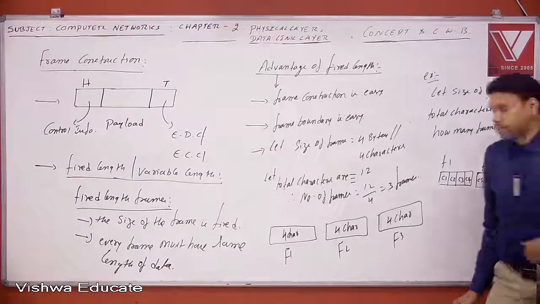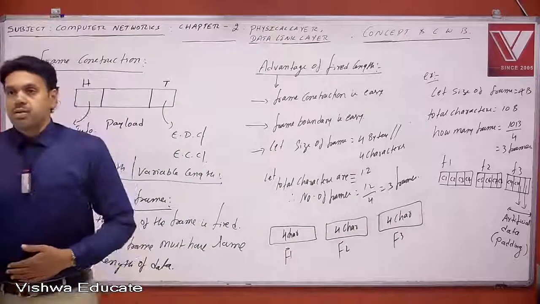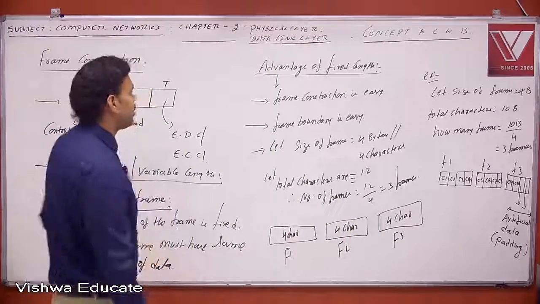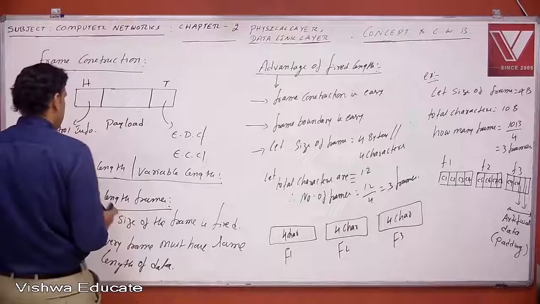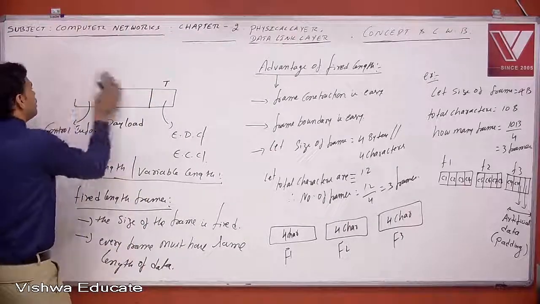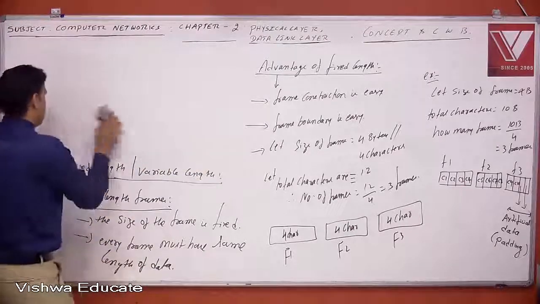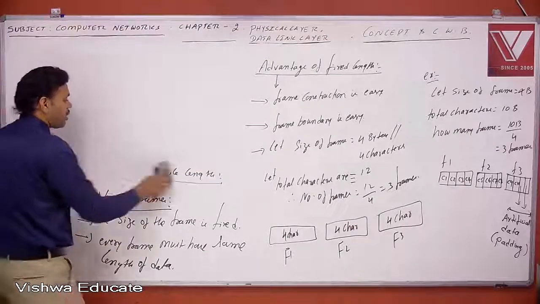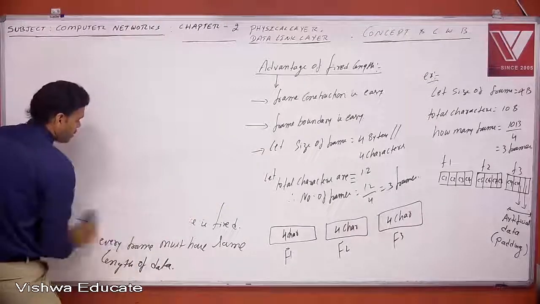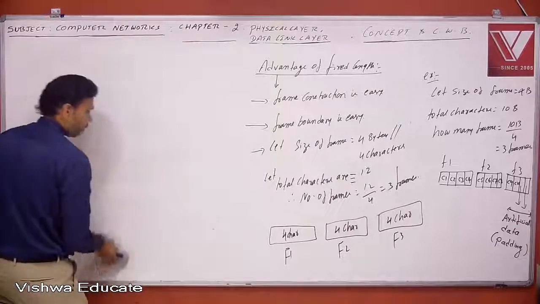Well friends, we understood that frame construction is very easy as far as fixed length is concerned, because it's predetermined that the length of the frame is fixed. So all the characters are segregated into the rest of the frames based on its length.